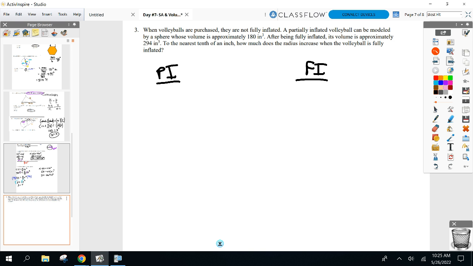You know the volumes of each. What I want to know is how much did the radius increase by from the partial to the fully inflated? I'll get you started because something's going to happen here that has yet to happen to us. So let me do the partially inflated with you. The volume is 180.